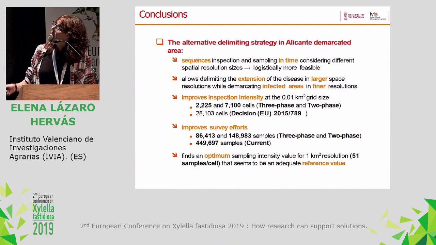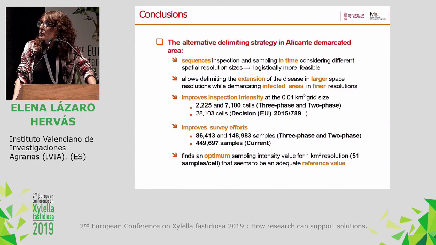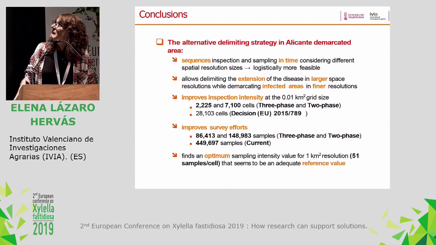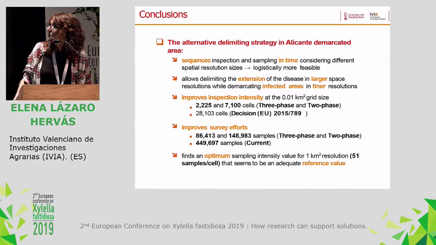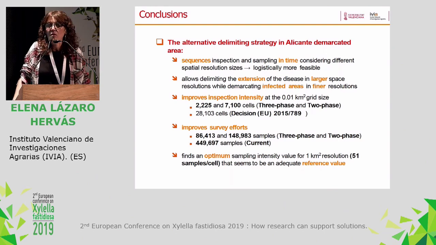Also the alternative delimiting strategy reaches an improvement of survey efforts. Also, in relation to the assessment of the performance of the delimiting strategy, our proposal finds an optimum sampling intensity value for 1 kilometer resolutions that seems to be an adequate reference value.